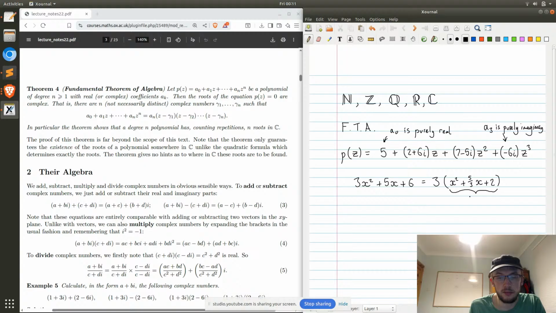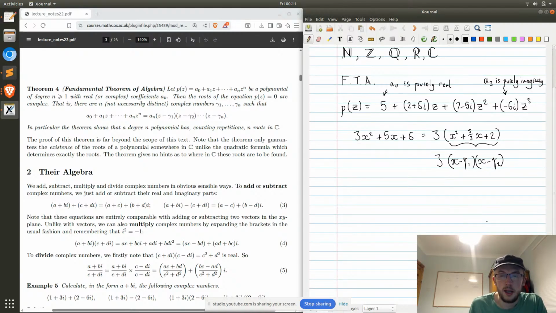If we broaden our idea about factorization to not just be over integers, but to also include rational numbers, then you can imagine actually factorizing this into x minus gamma 1 times x minus gamma 2. And we could actually genuinely pursue what those numbers are right now.